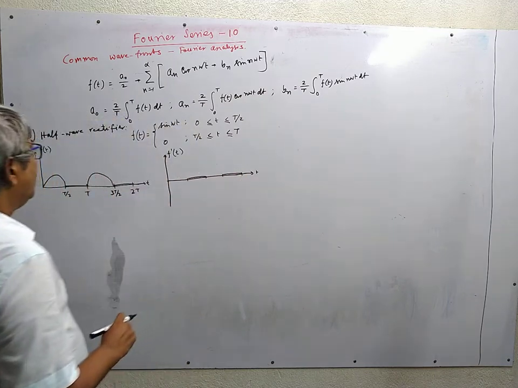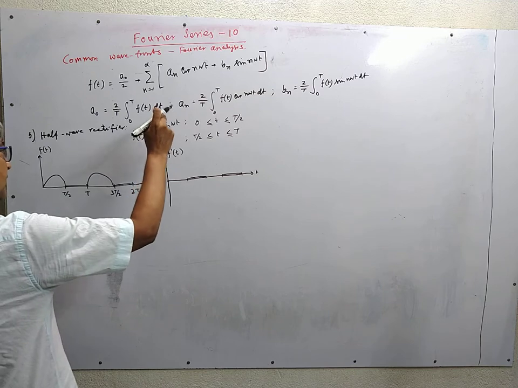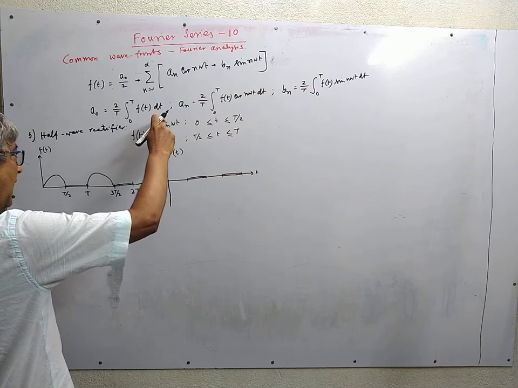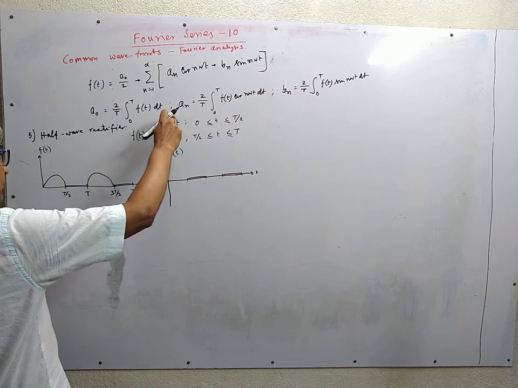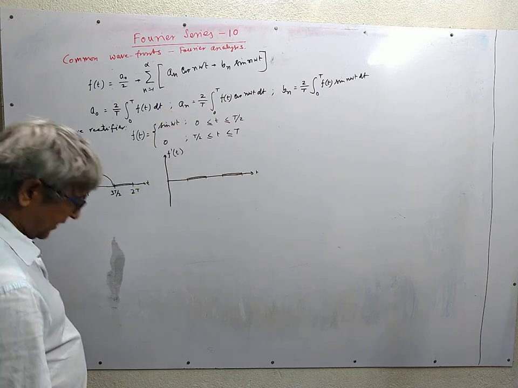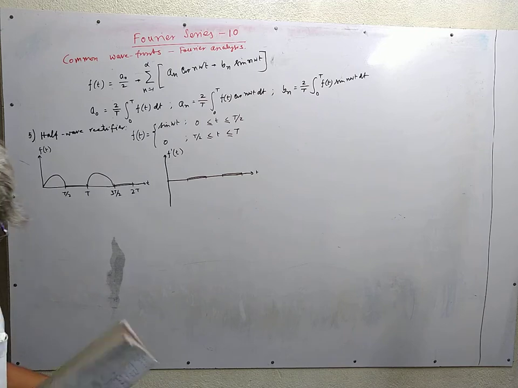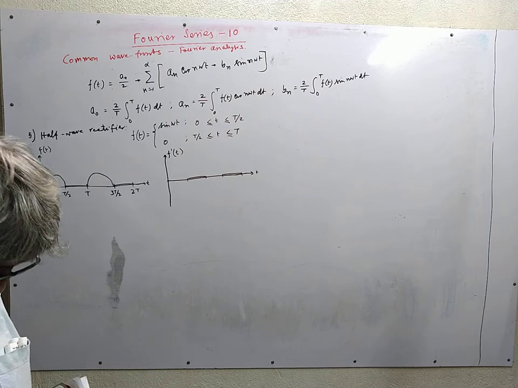If we differentiate, it will have omega cos omega t, and cos omega t is plus 1 at t equal to 0 and minus 1 at t equal to capital T by 2.